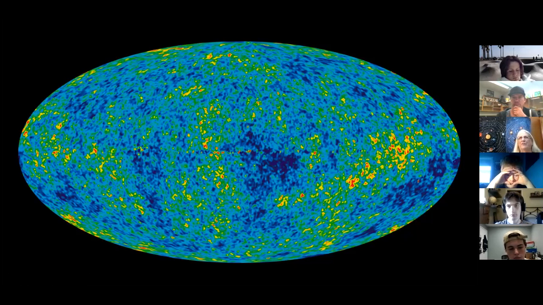Again, these are kind of relative. The difference between the darkest blue and the brightest red is, I believe, 1/100,000th of a degree. So these are very minor differences in the temperature of the universe. And it is thought that these slightly warmer areas are places where there were a few more molecules, which would seed the universe with the galaxies.